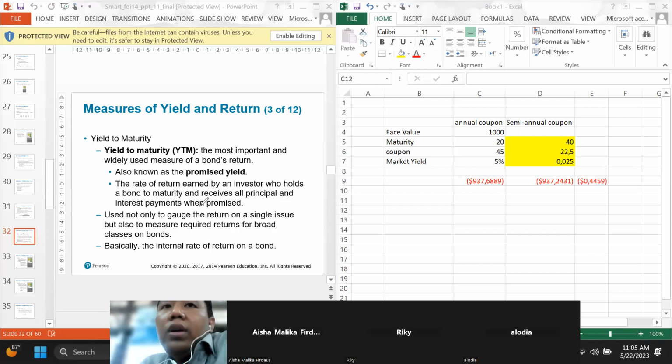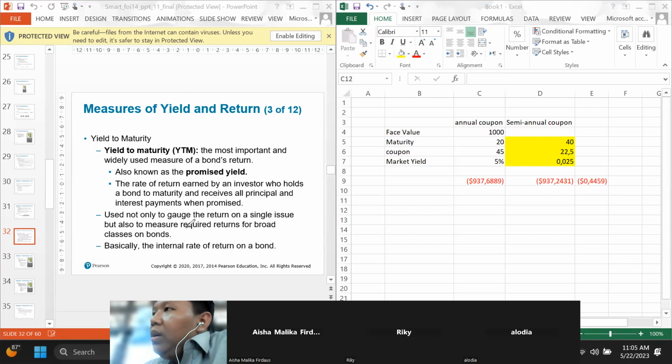It is used not only to gauge the return on a single issue, but also to measure the required return for broad classes of bonds, basically the internal rate of return on a bond. So it is also used to compare and to assess many bonds.